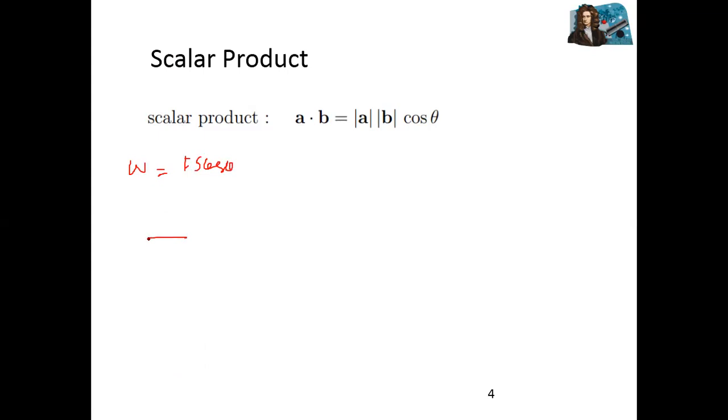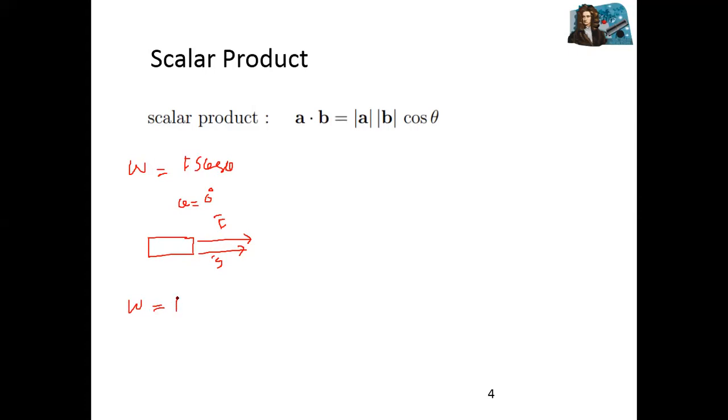First, when the angle is zero. Zero means you apply force on a body in this direction and the same distance is covered in this direction. So cosine is 1, and the angle in this case is 0 degrees.